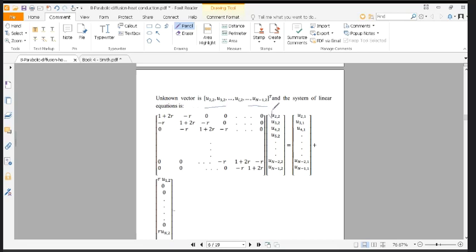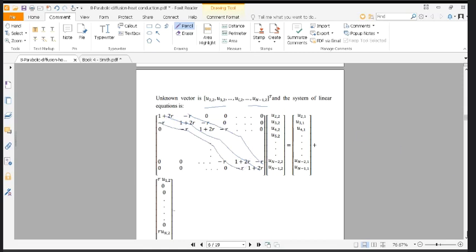It is here. And the coefficient matrix has the general form: 1 plus 2r, minus r, and this matrix is tridiagonal, minus r, minus r, minus r, again minus r, minus r, minus r, and minus r.